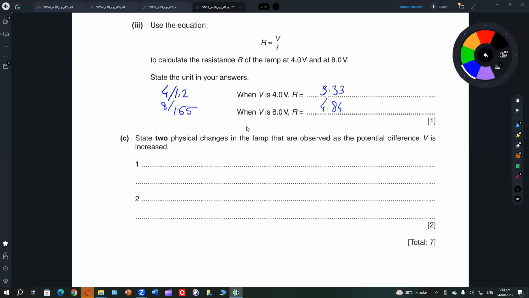State 2 physical changes in the lamp that are observed as the potential difference V is increased. It gets brighter, the lamp. One is the temperature.